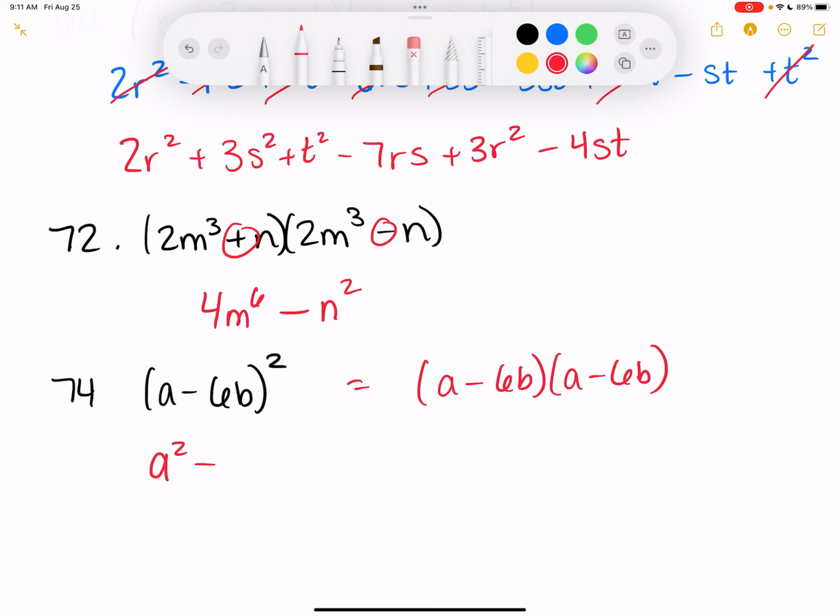So that would be minus 12ab. And then the last one is always positive, so it's going to be plus 36b squared. But you can always FOIL, and you'll get the same thing if you don't know the special types.